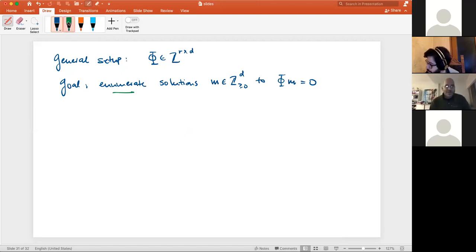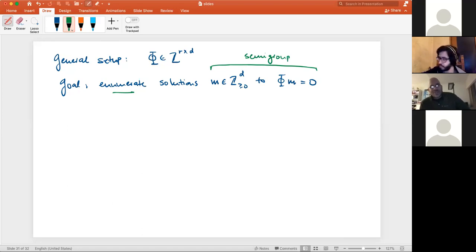So why? What's going on here? So these form a semigroup, correct? So this is a general linear Diophantine problem, correct?